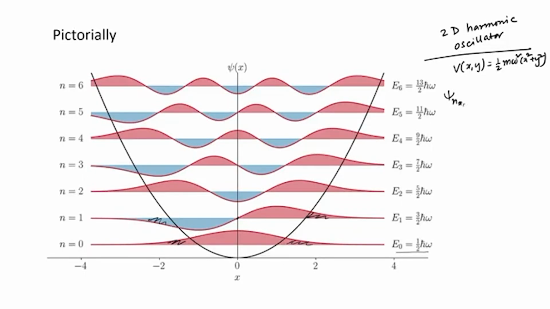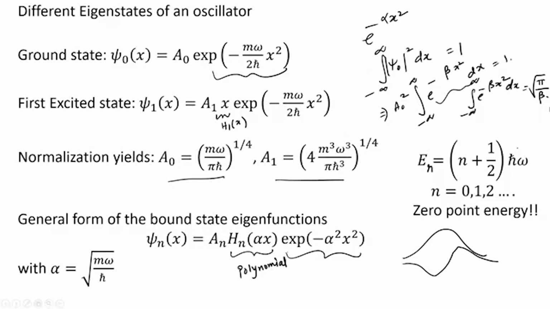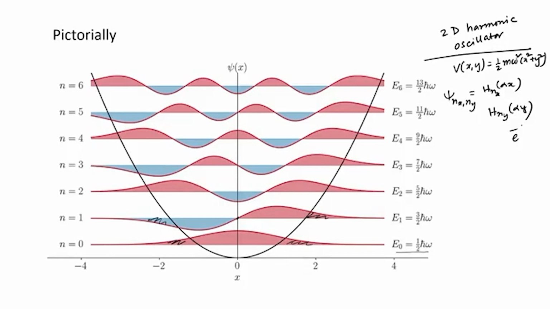We will have psi n_x n_y, now no longer a single quantum number but 2 quantum numbers, which will be H_nx(alpha x) times H_ny(alpha y), and then exponential minus alpha squared (x squared plus y squared).